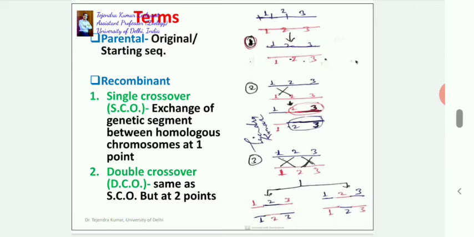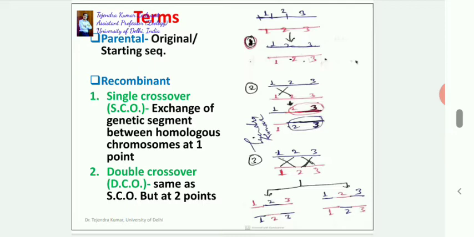Every sequence can be parental or progeny; it depends on you which sequence you mark as parental, and after that all the sequences formed are called progeny sequences. They will not be considered the parental sequence.